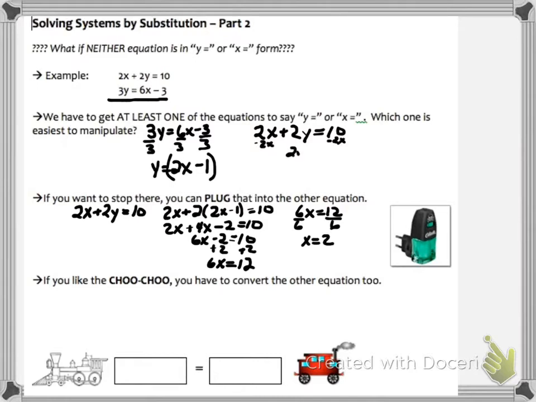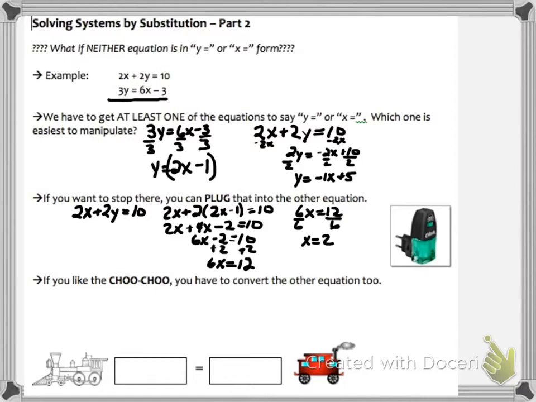I'd get 2y equals negative 2x plus 10. I would divide by 2, divide by 2, divide by 2, and I find that y is equal to negative 1x plus 5.